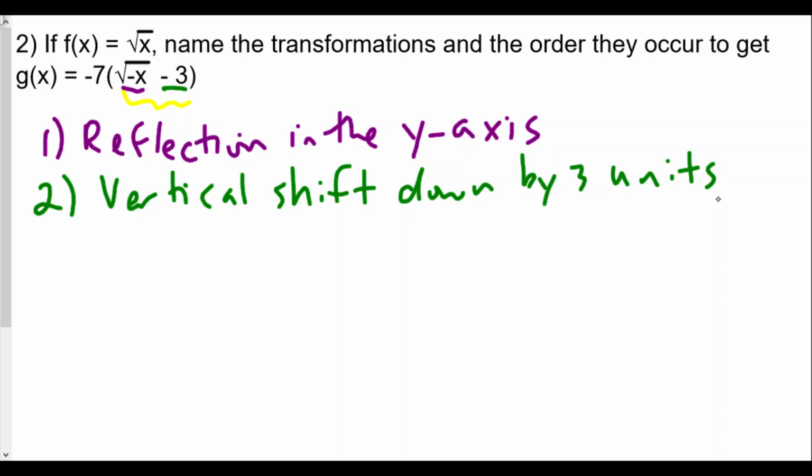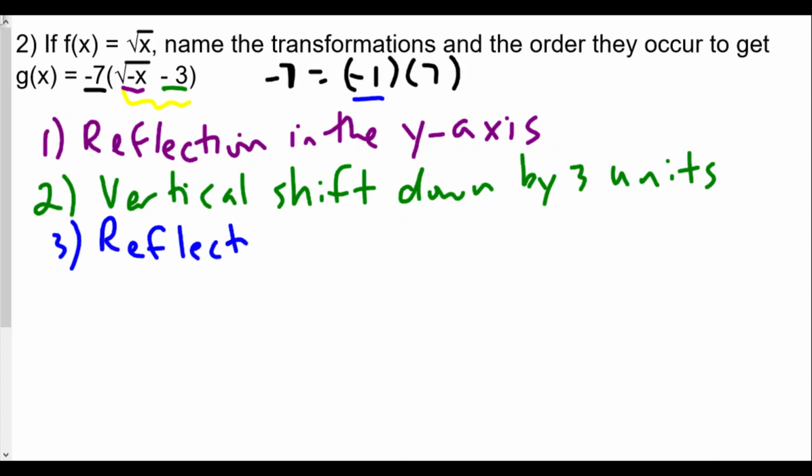All right. So then again, as we saw from before, we have a -7. Negative 7 is -1 times 7. So we take a look at the -1 first. And so we see when we have a -1 multiplying the function on the outside, it's going to be a reflection in the x-axis.